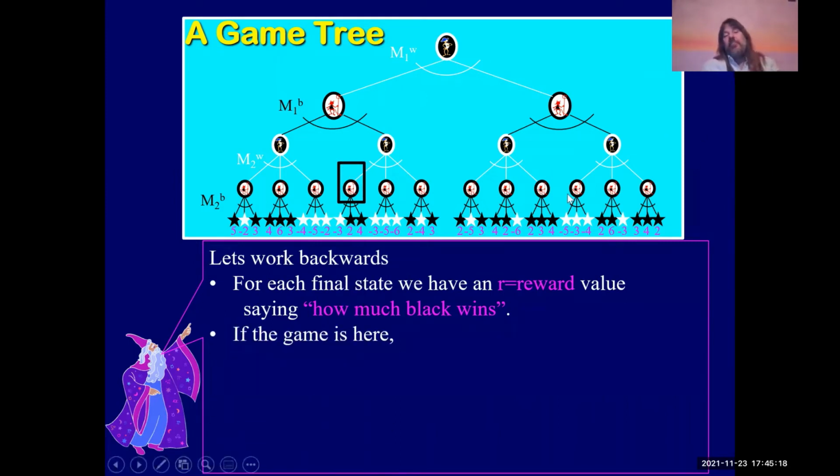And now suppose that we're in this state and it's black's turn to go, right? So black gets to decide which move to make. Do I move towards the -3 in which I lose? Do I move towards the 2 in which I win, but I only win by 2? Or do I go this way in which I win by 4?